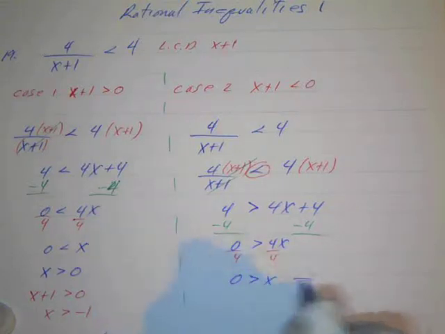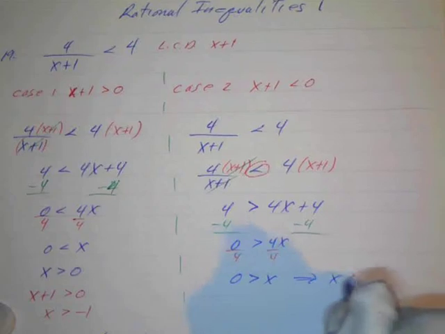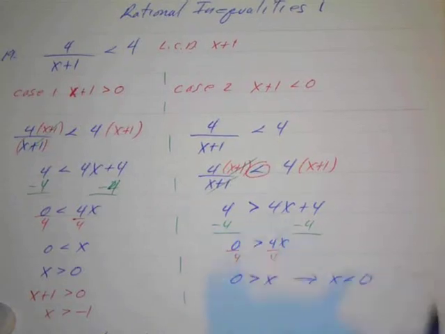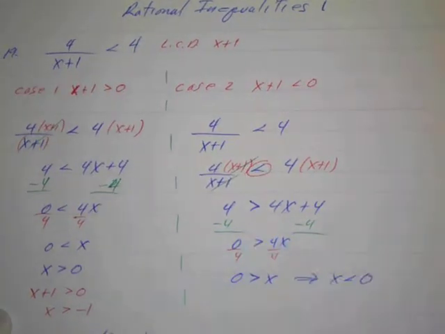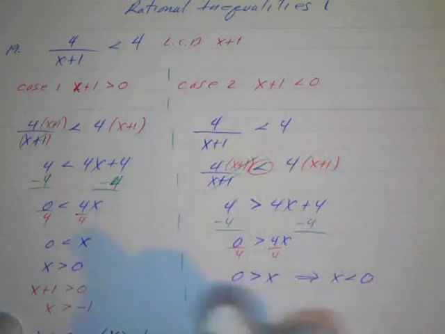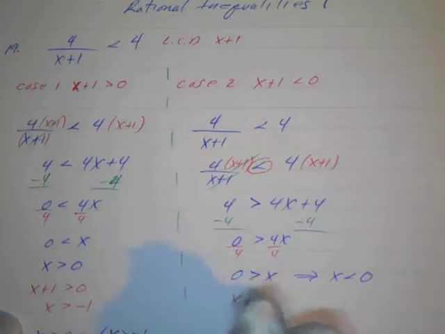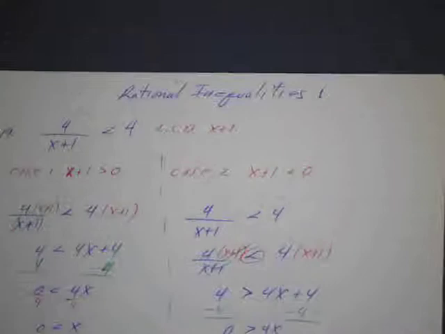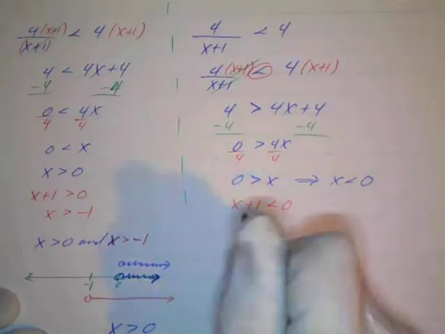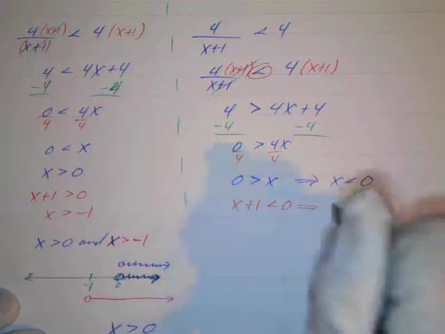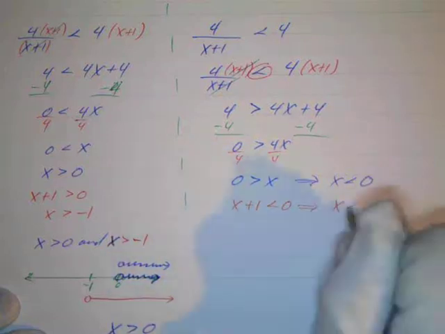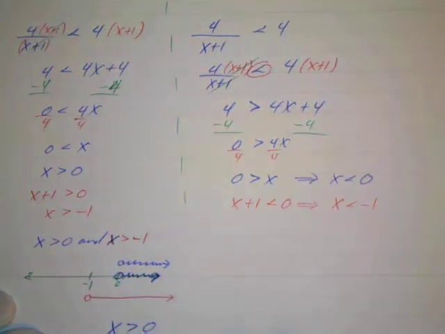And that really implies that x is less than 0. But remember, we have this stipulation up here that x plus 1 is less than 0. That was our case situation. And that implies, if I subtract 1 from both sides, that x is less than negative 1.